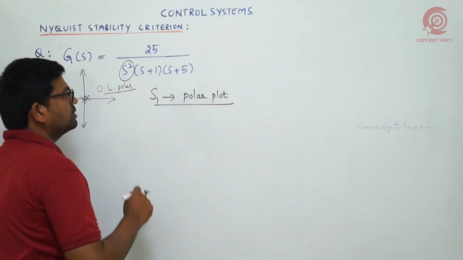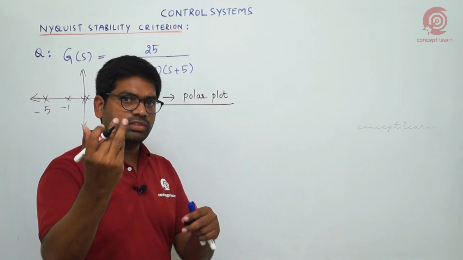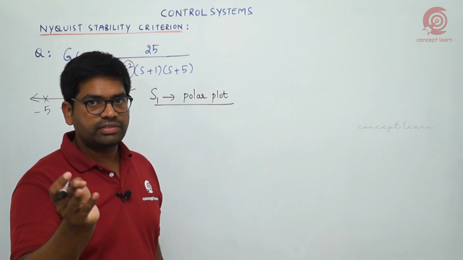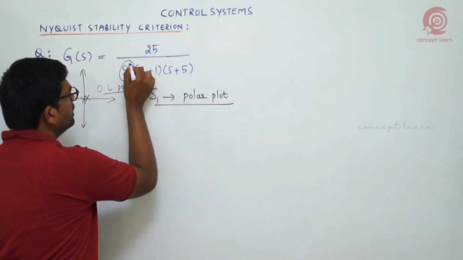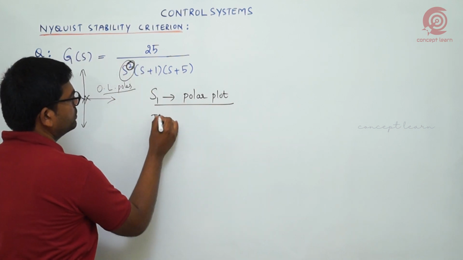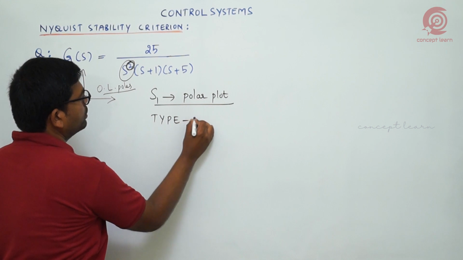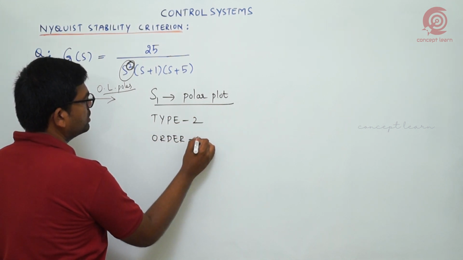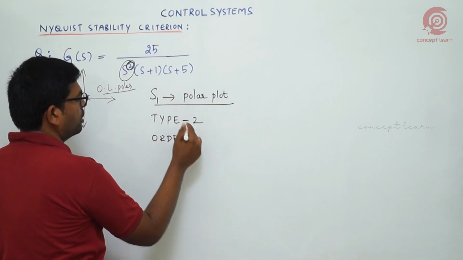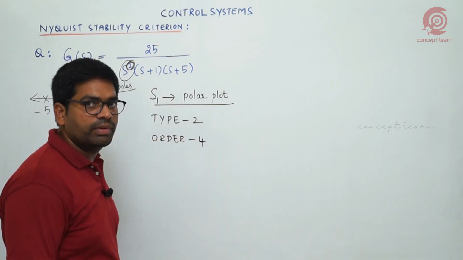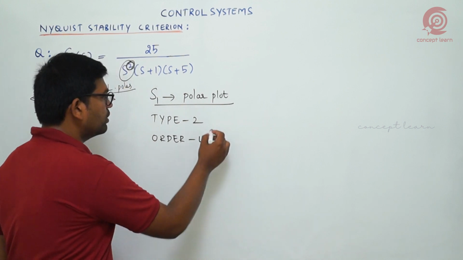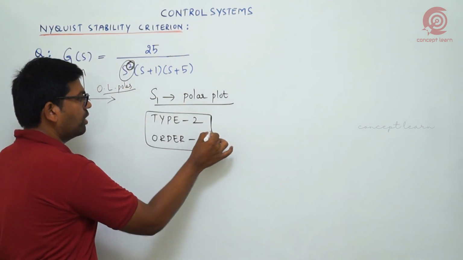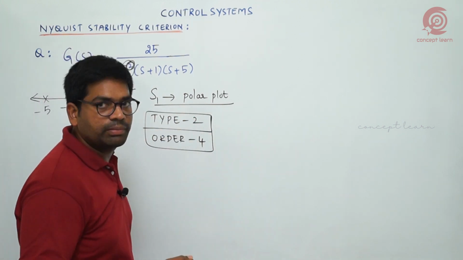This is a standard transfer function, type 2. And what is the order? 2, 3, 4, because 4 poles are there, the order becomes 4. So follow the same procedure to draw S1, or that is our polar plot.